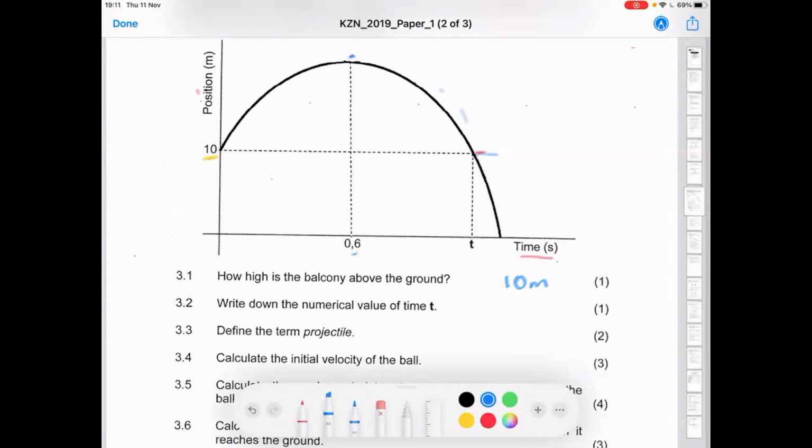So what is t? If it took 0.6 seconds to reach the maximum height, then it's going to take another 0.6 seconds to come back again. So the numerical value of the time t is going to be 0.6 plus 0.6, which is just 1.2 seconds.